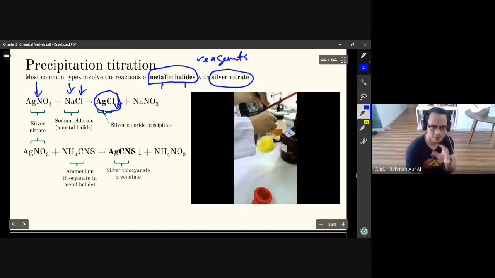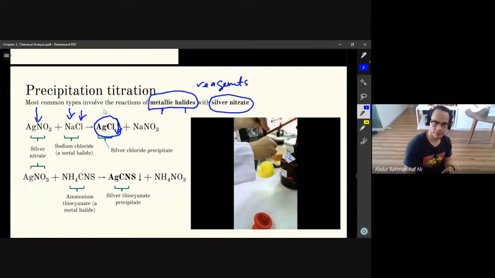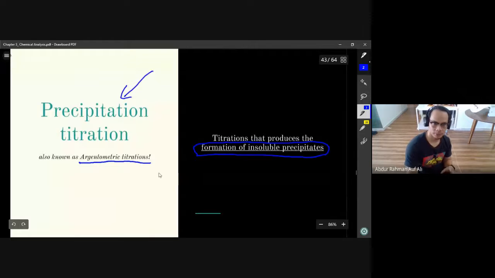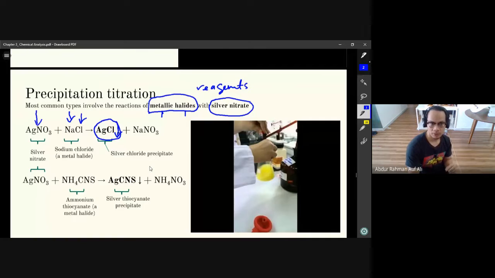So the reason why precipitation titration is sometimes known as argentometric titration, as I have mentioned here, is because kalau kita titrate menggunakan silver nitrate, which is a common reagent dalam precipitation titration, dia akan involve silver, Ag ni, and Ag is silver.